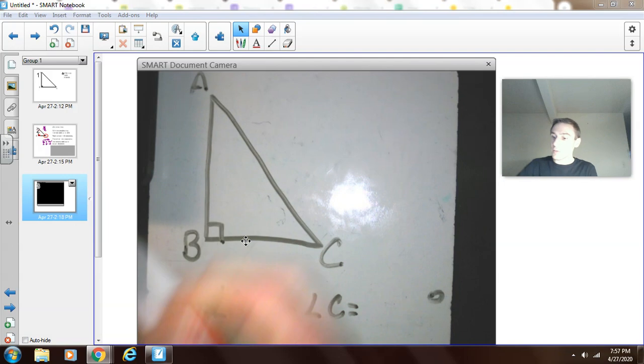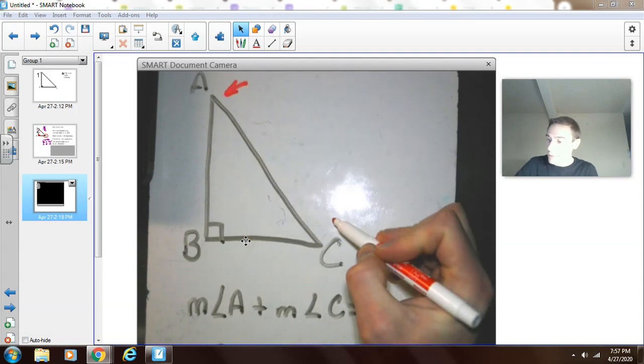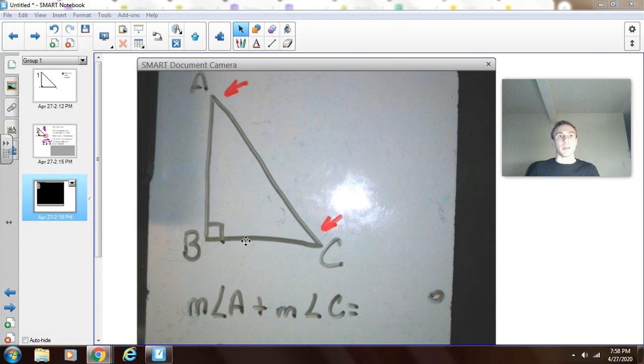And remember, it doesn't matter what these angles are individually. The question we're asking here, the measure of angle A and the measure of angle C, is not asking you for what is A or what is C. We don't have enough information to do that, so you can't take a guess.